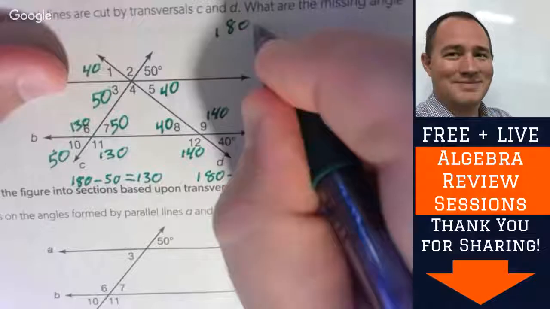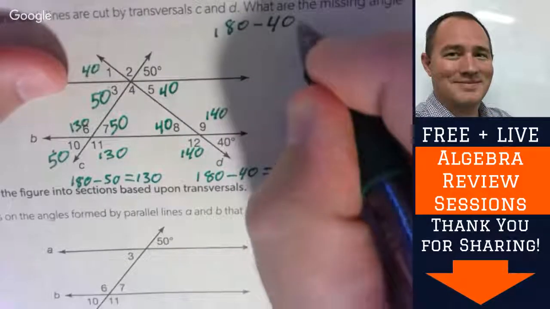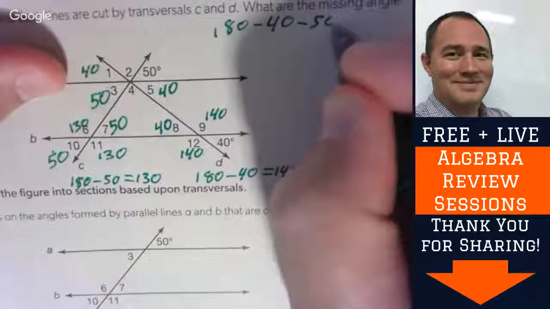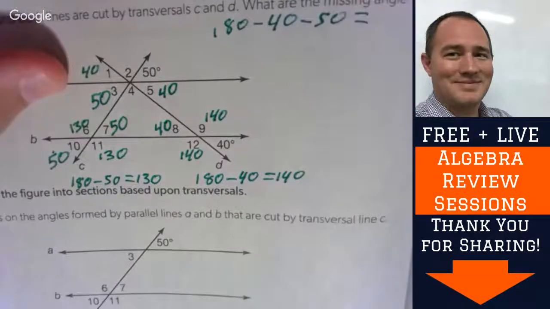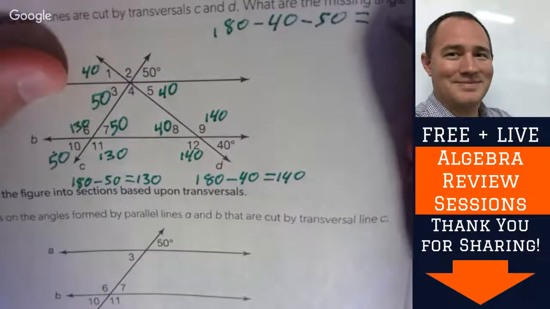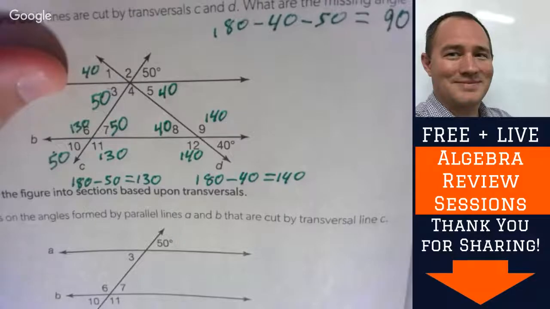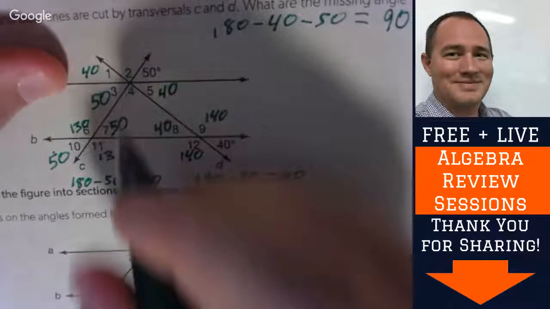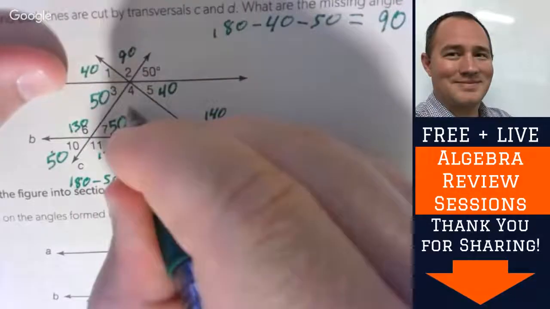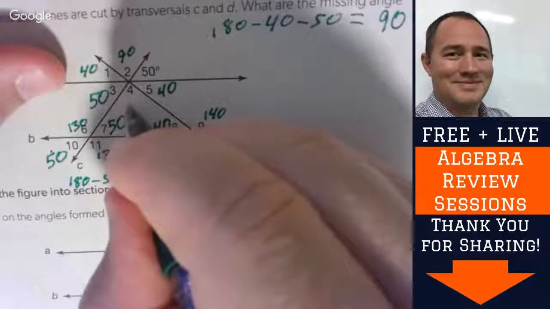So 180 minus 40 minus 50 should give us 90 degrees. So this is going to be 90. And by vertical angles, this is also 90.